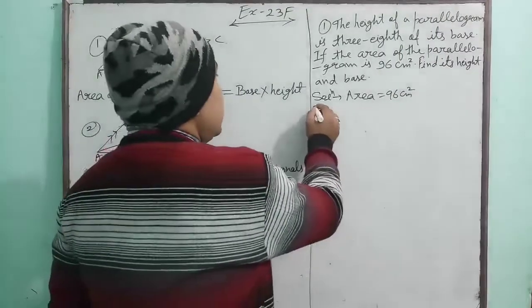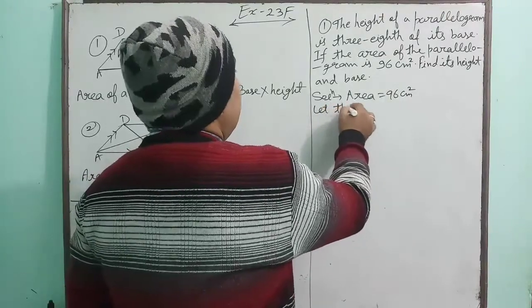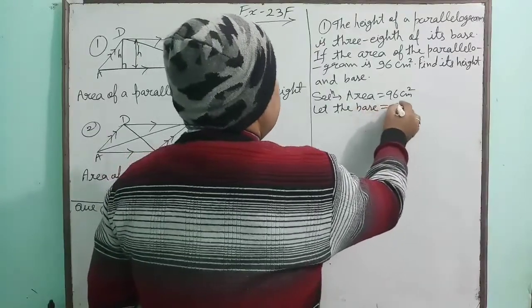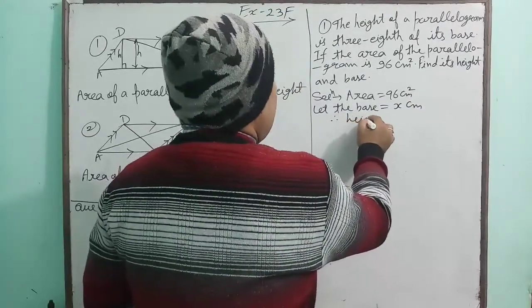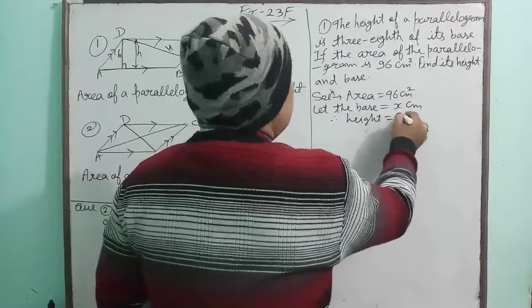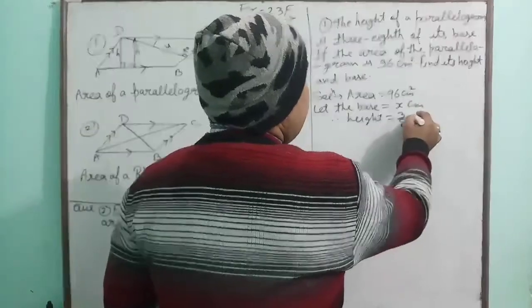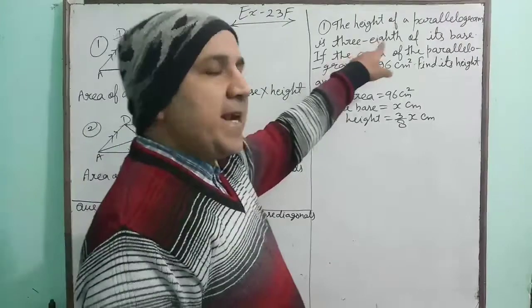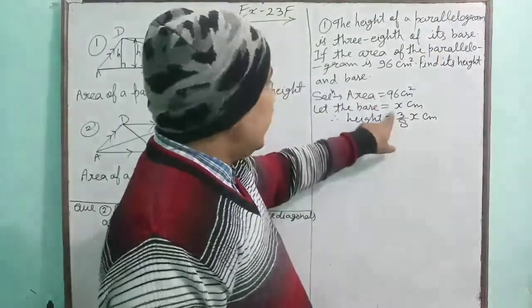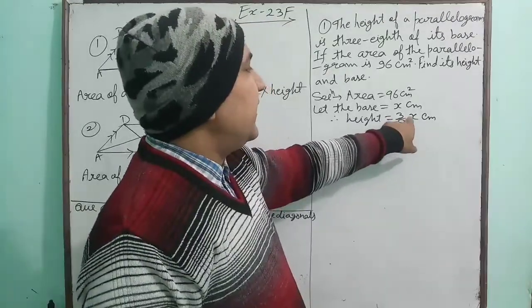It means, suppose the base is equal to x centimeter, therefore the height will be 3 by 8 x centimeter, because it is 3/8 of its base, so 3/8 into x.